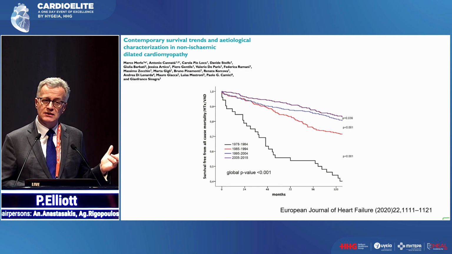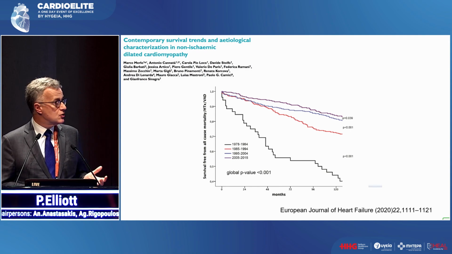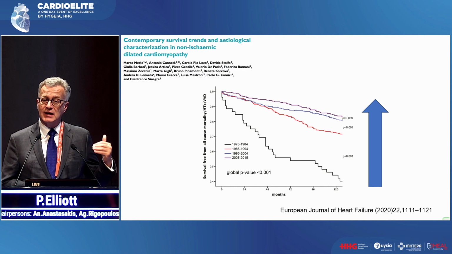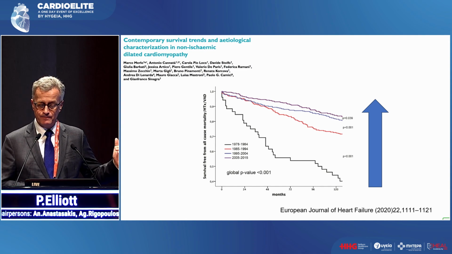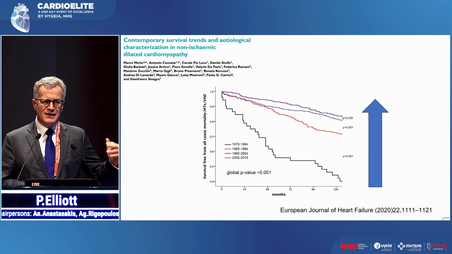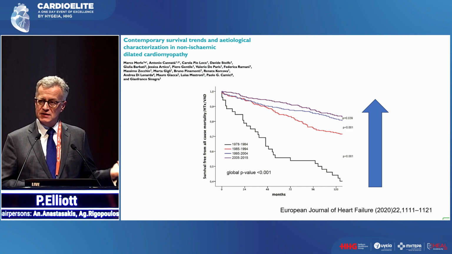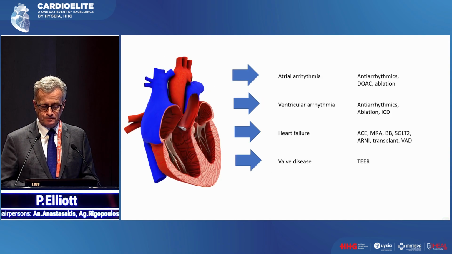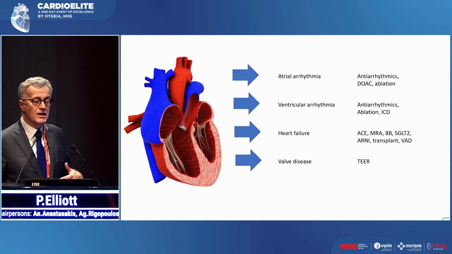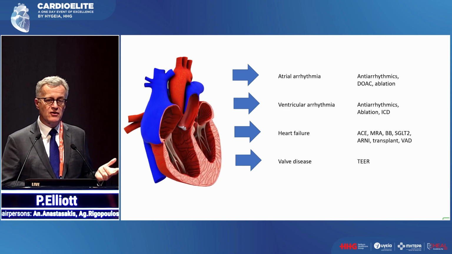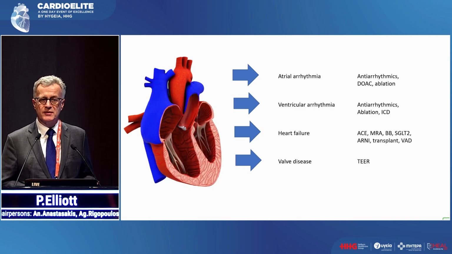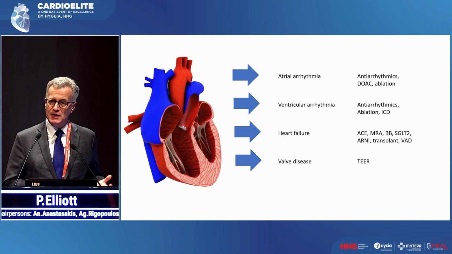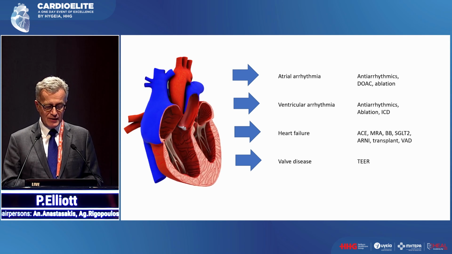So here you see data from northern Italy showing this progressive decline in mortality from the 70s, 80s, 90s to the modern era. So at least in this form of cardiomyopathy, this has been a great success story. And of course, we go beyond that. We have prognostic therapies, but we also have therapies and interventions for managing the complications of dilated cardiomyopathy, whether that be valve disease or arrhythmia, things that you'll all be very familiar with.